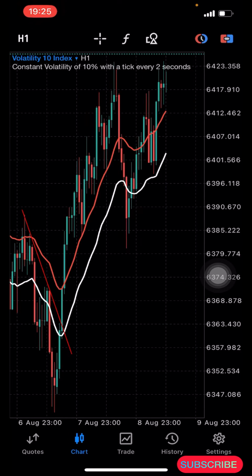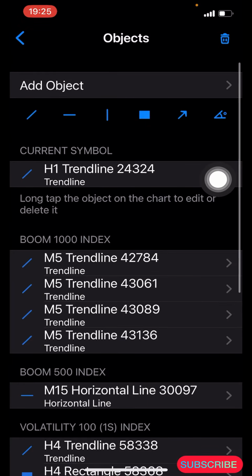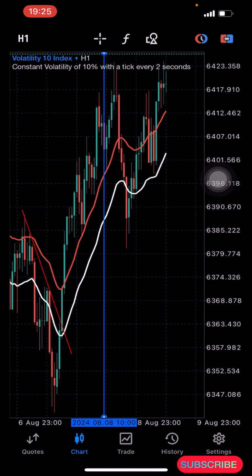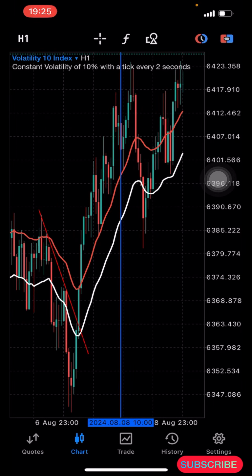Now let me show you guys. You can see here there is an entry here, there is an entry here, there is an entry here. Let me mark it, then we'll go down to the 1 minute and see what happened there. There is an entry there. Trend made a reversal, then went back to the upside.